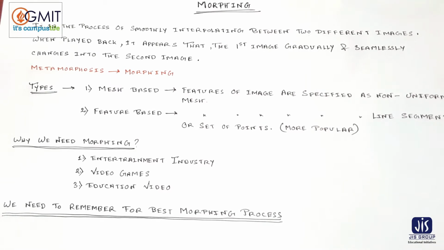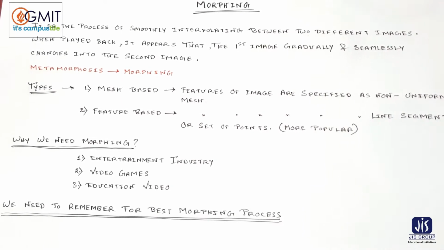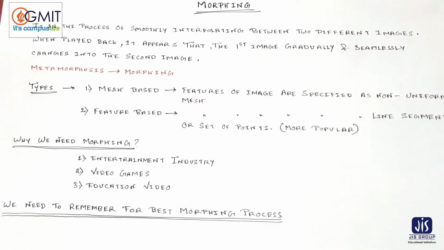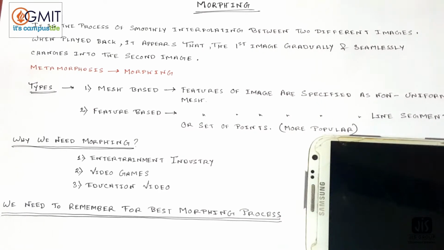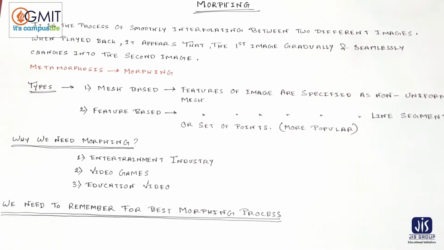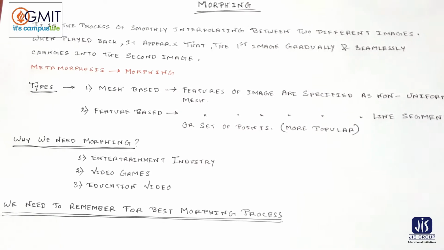Then the pixels in the first object slowly change into the pixels of the second object by creating in-between frames with only few changes from the before or previous image.